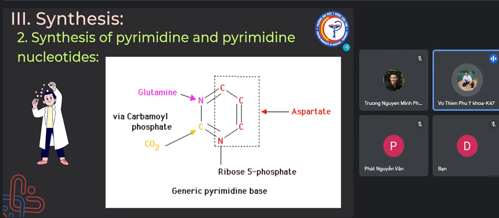They do so, however, after first being converted to carbamoyl phosphate. The other four atoms of the ring are supplied by aspartate. As is true with purine nucleotides, the sugar phosphate portion of the molecule is supplied by PRPP.